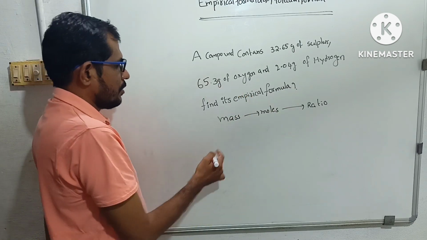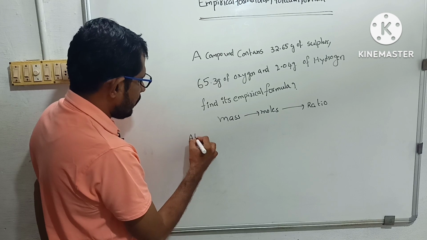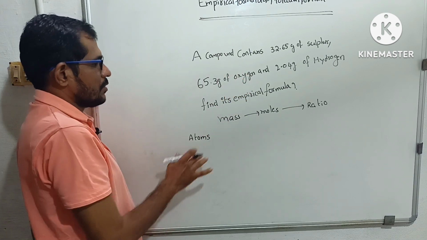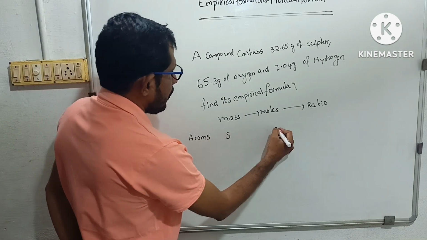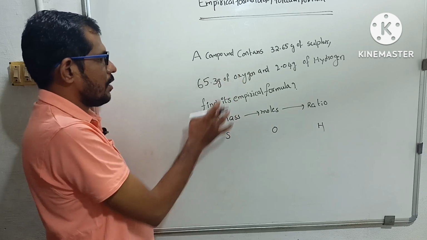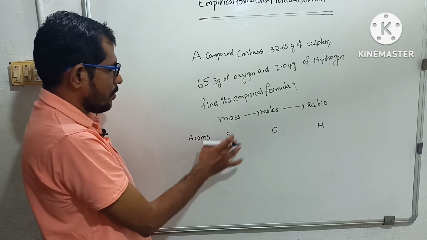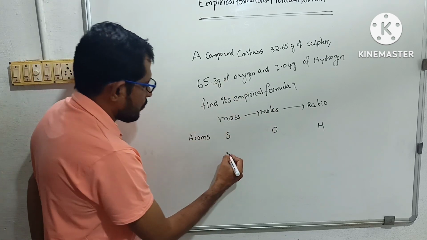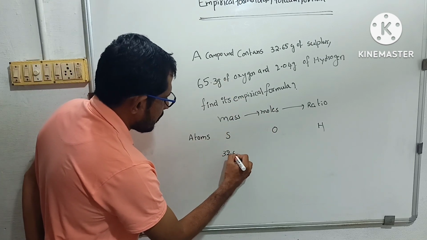So I will show you. First take the atoms given: sulfur, oxygen and hydrogen. How much mass of sulfur is given? 32.65.